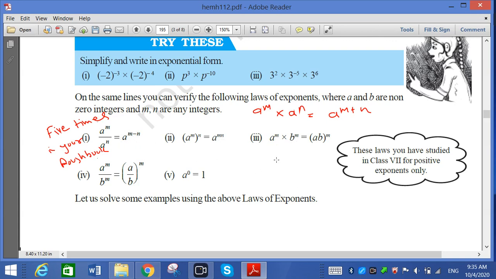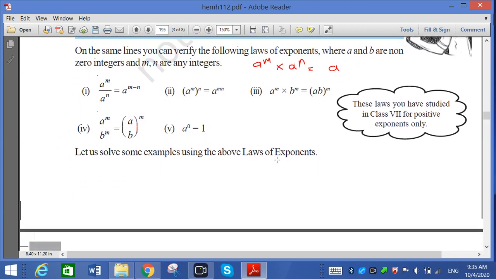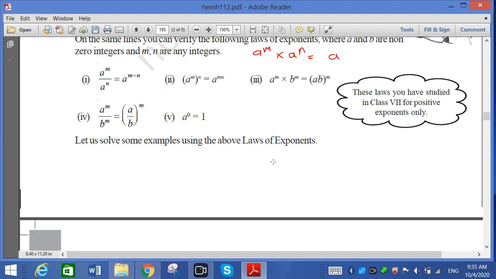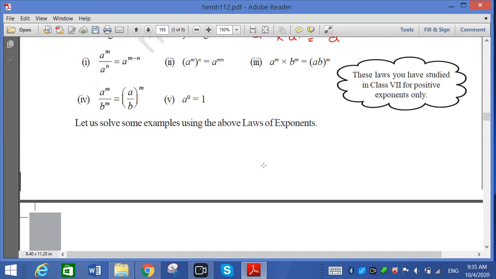If I explain with an old example, you have to start from the first. So the first rule: a to the power m upon a to the power n is equal to a to the power m minus n. Now the example: 3 to the power 2 upon 3 to the power 4.